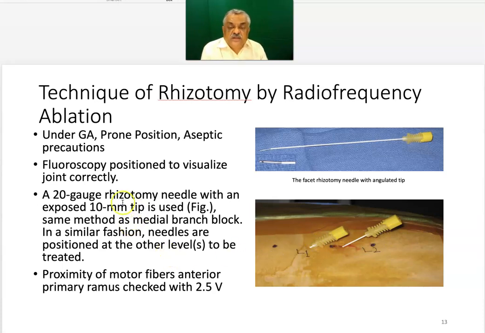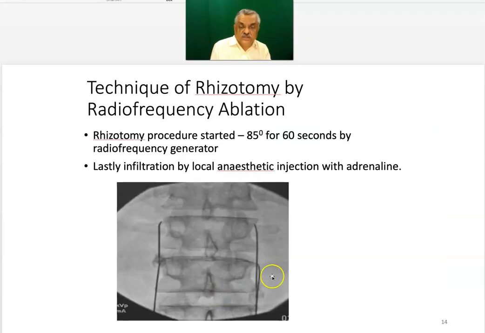So this may be done by a rhizotomy needle which has the electrode-like function at the tip, and we use 2.5 volts to check whether we are close to the nerve.